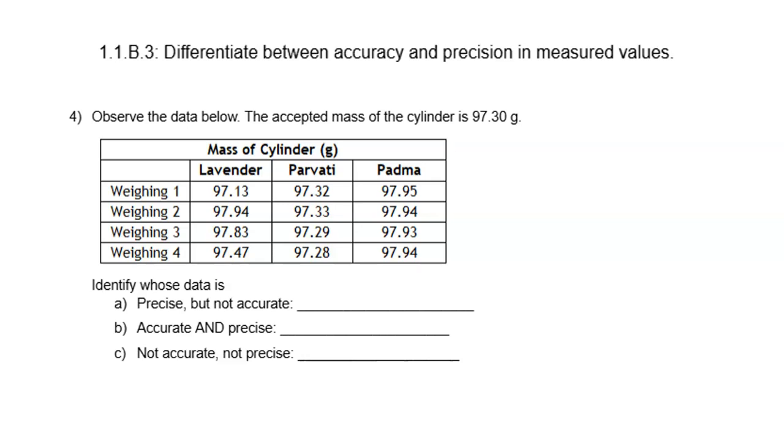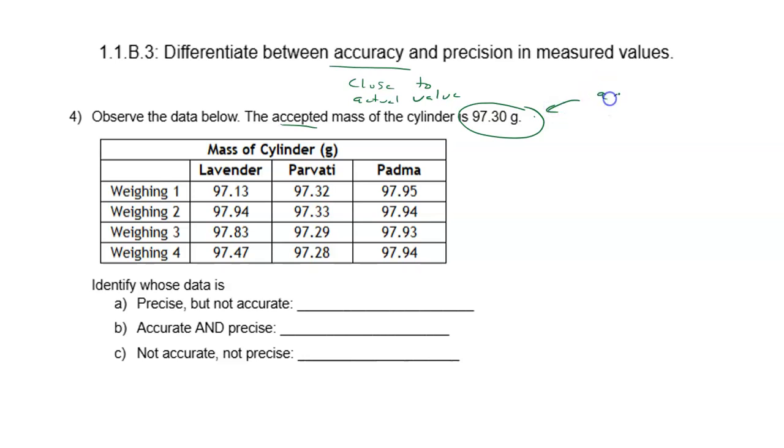Lastly, we have differentiating between accuracy and precision in measured values. We just need to remember accuracy means close to the actual value. In this case, it says the accepted mass is 97.30 grams.